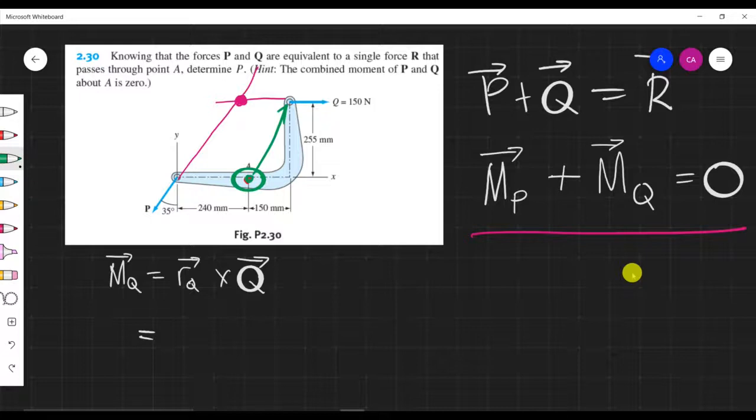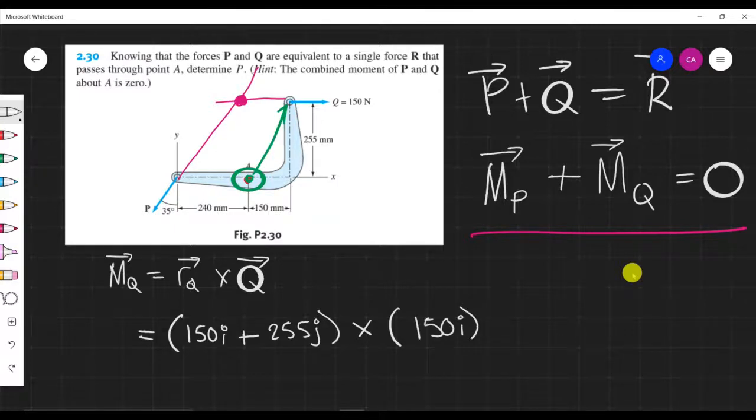May distance vector tayo ng RQ na pakanan, 150i. Then, meron tayong paakyat na 255j. So, pataas. Yun yung ating distance vector. Then, yung Q, since exclusively pakanan siya, ibig sabihin nun, 150 positive pakanan towards I. Ganyan lang siya. Okay?